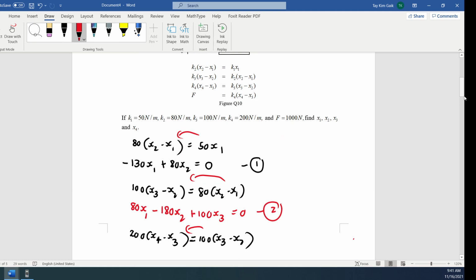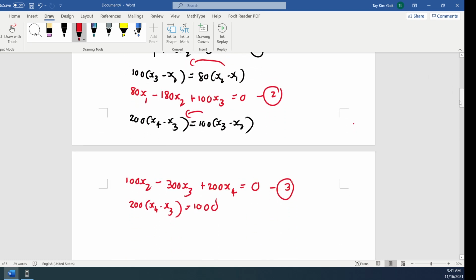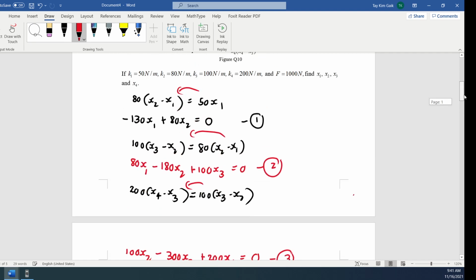Expand it: you have negative 200 x3 plus 200 x4 equal to 1000. So you have 4 equations.